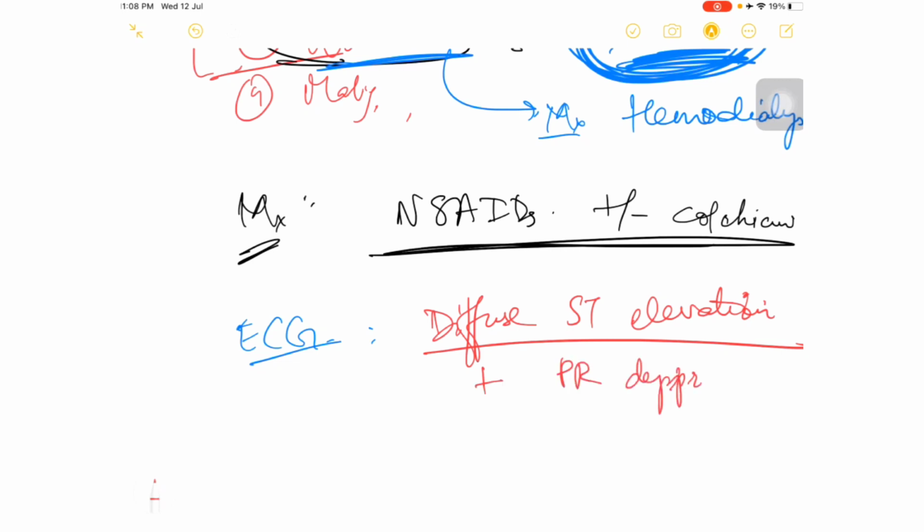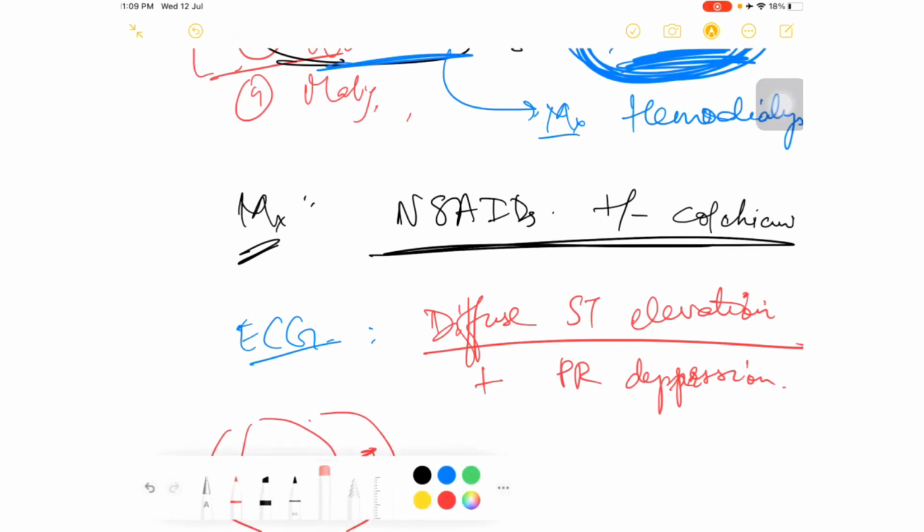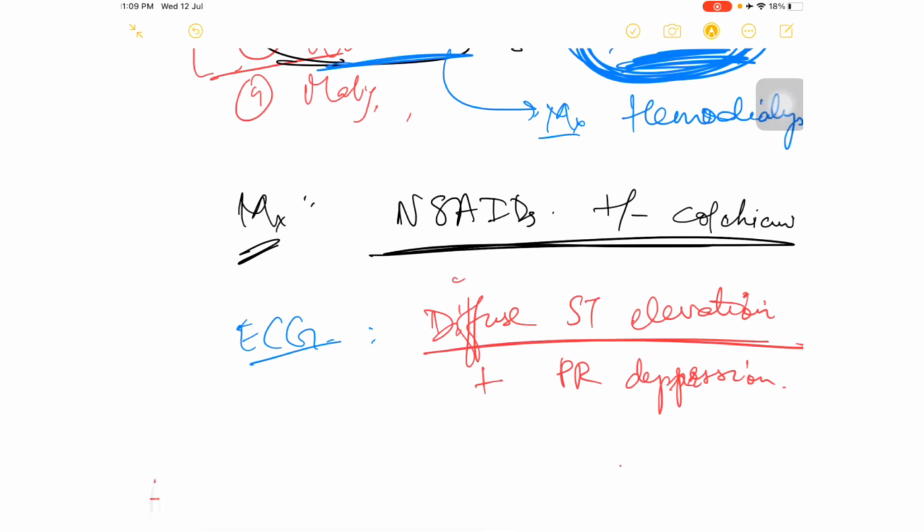I think the one you are talking about is electrical alternans, which is seen in pericardial effusion or tamponade, where there is fluid around the heart and the heart goes back and forth. That is electrical alternans, in cardiac tamponade. Here you will have diffuse ST elevation plus PR depression. Diffuse ST elevation is a giveaway for this one.